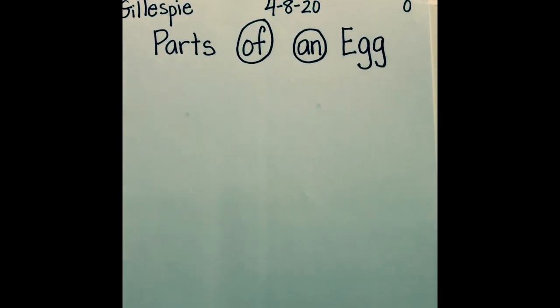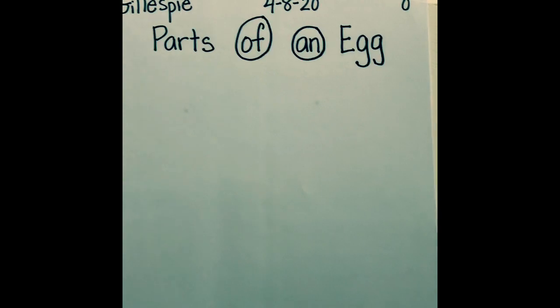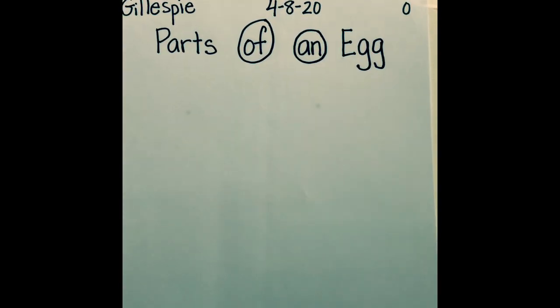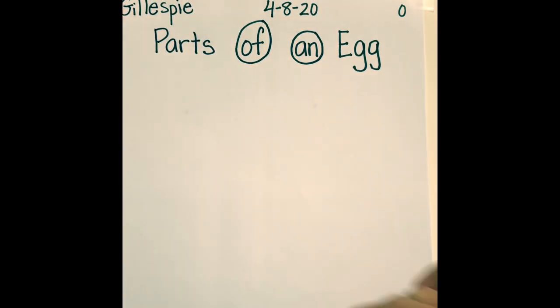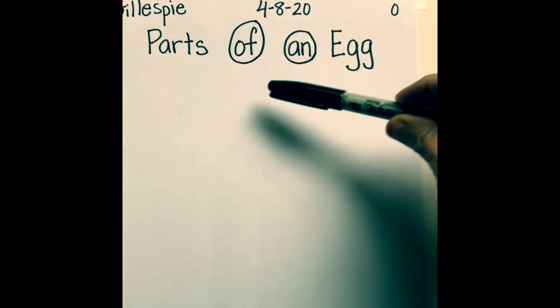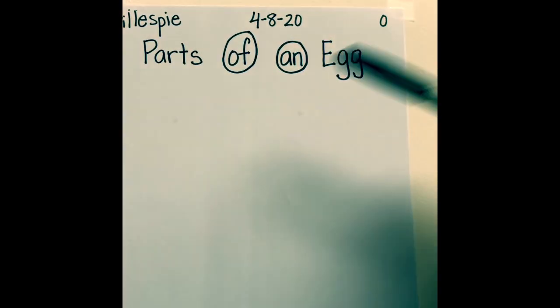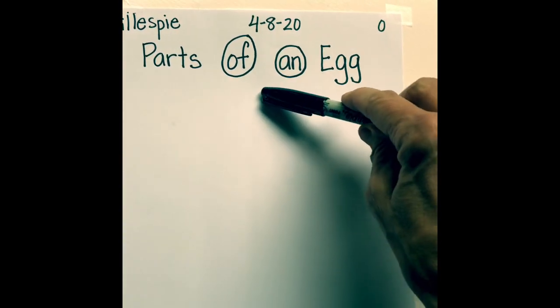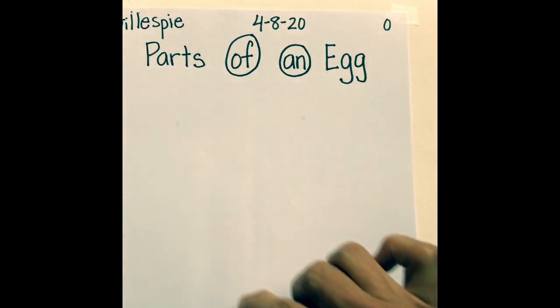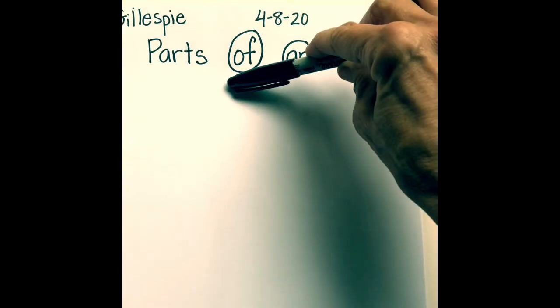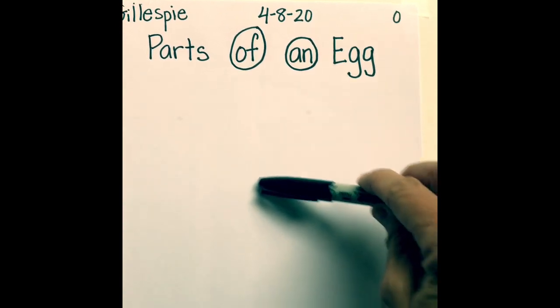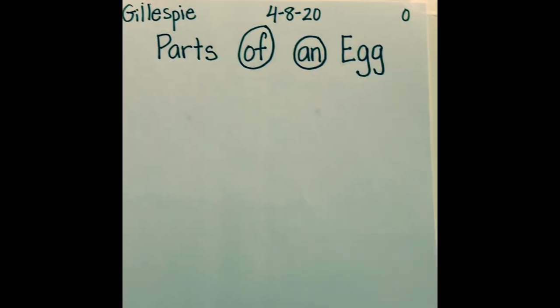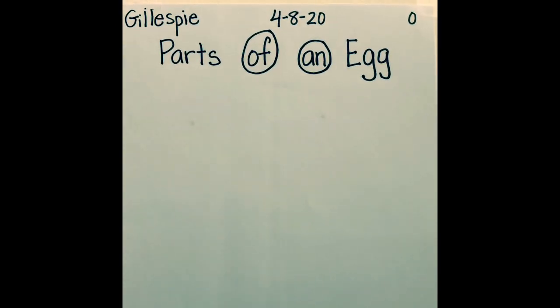Perfect. Now, boys and girls, we know that a diagram also has a big picture. You can do that with your finger. Make a big oval on your page. We don't want a little one because then we won't be able to see all the parts of an egg.